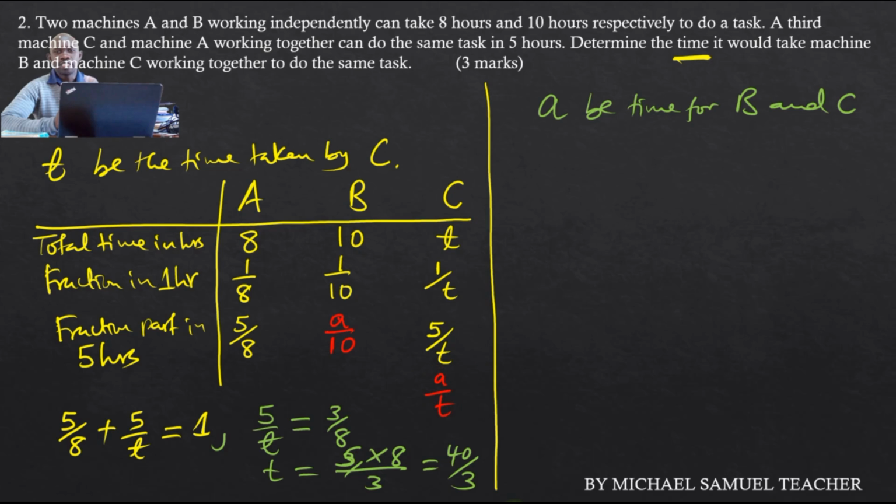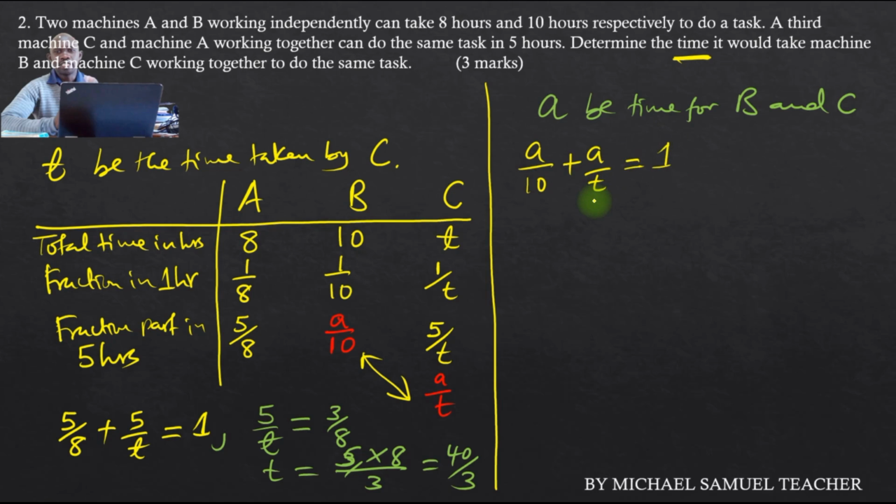If the two are added together, the fractional part will be equal to 1. So A over 10 plus A over T is equal to 1.